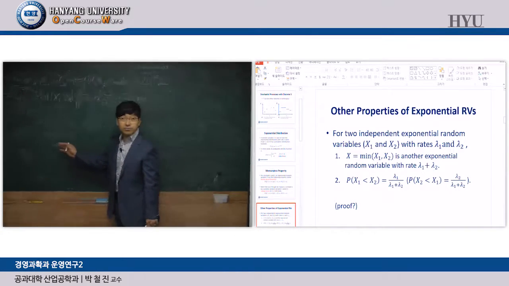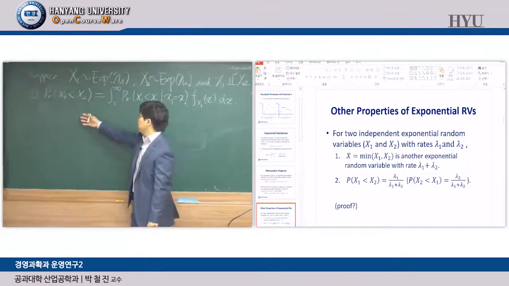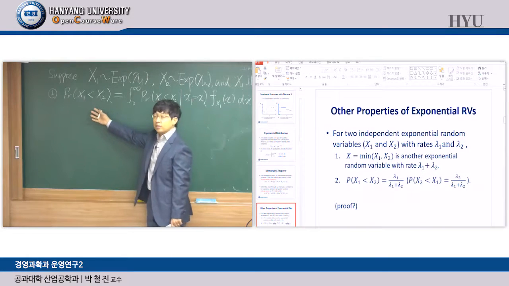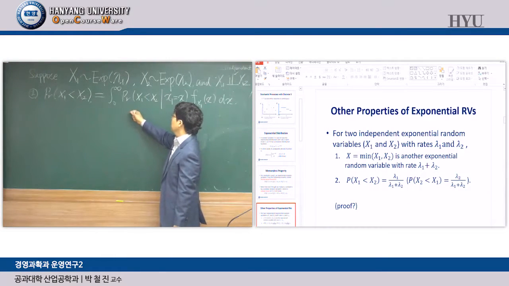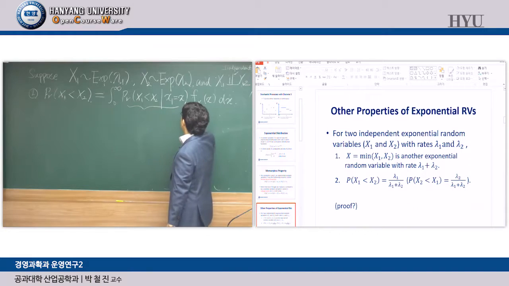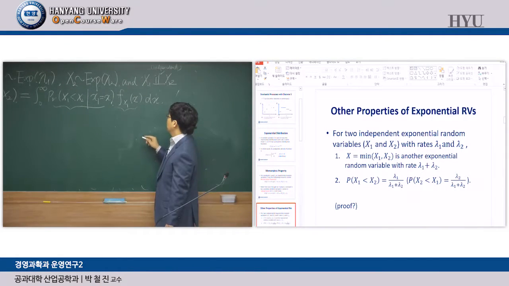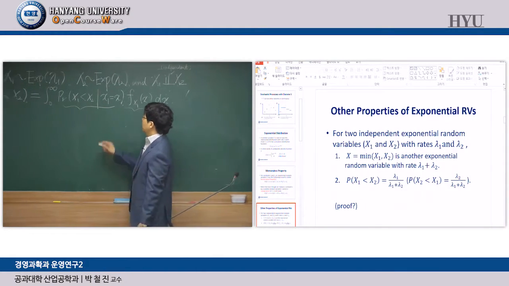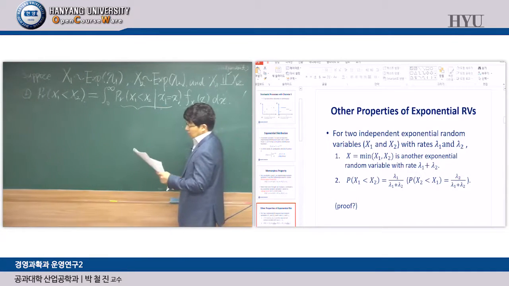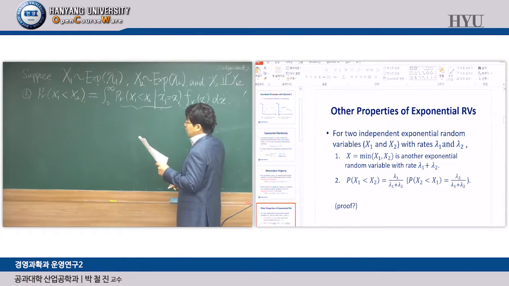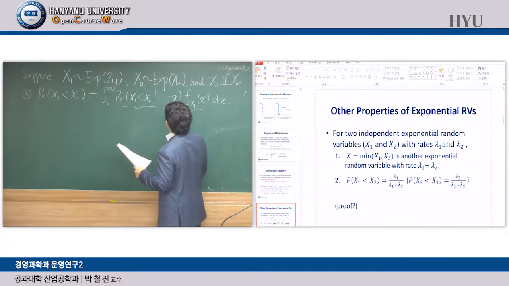Okay, the left-hand side, what we want to calculate, is the same as the integral of the conditional probability times the PDF of large X1. Then we can get the result. The thing is, this part, large X1 greater than large X2, given that large X1 is x.